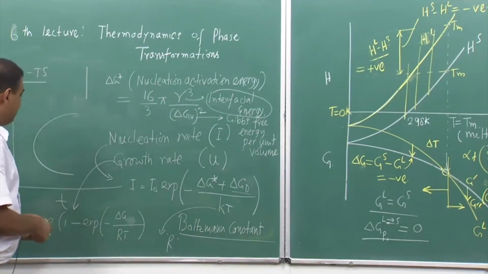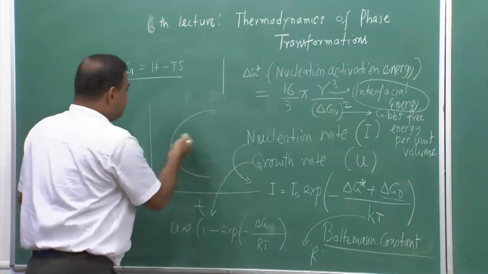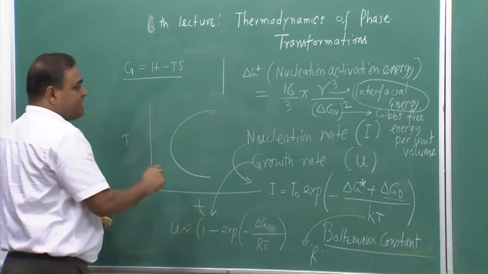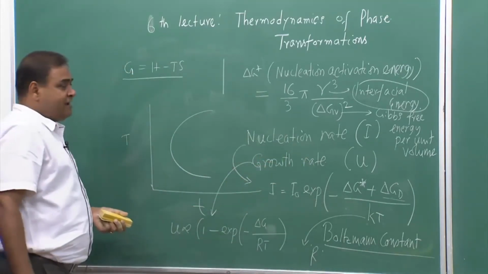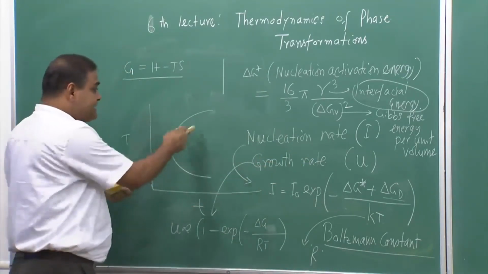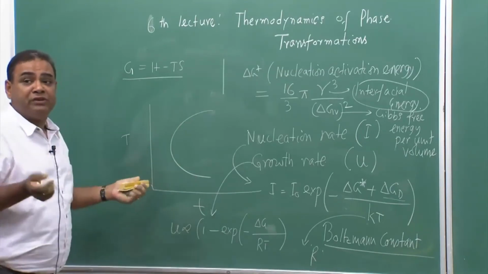Now, for finding this TTT diagram, we need to know the nucleation rate and we need to know the growth rate, and overall this particular graph says the overall transformation kinetics.